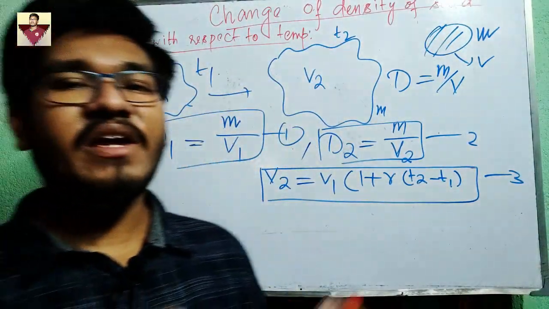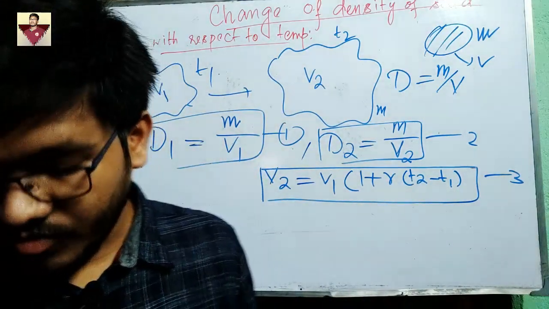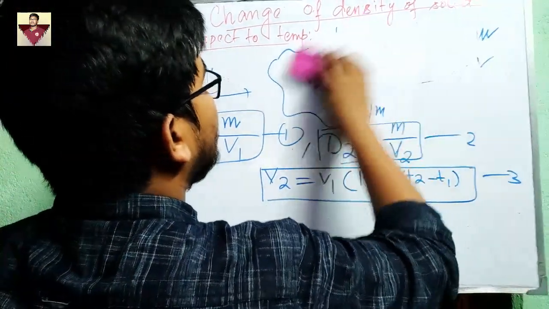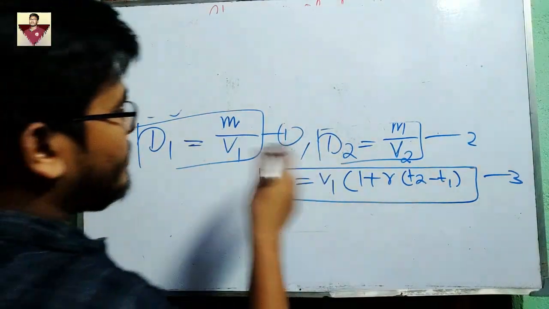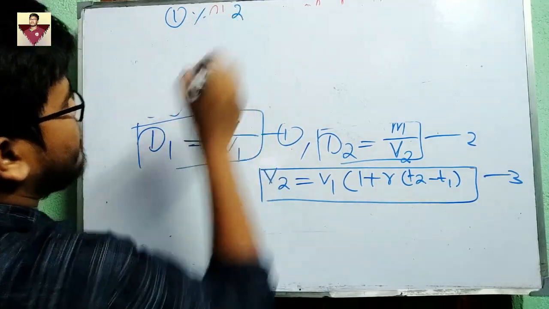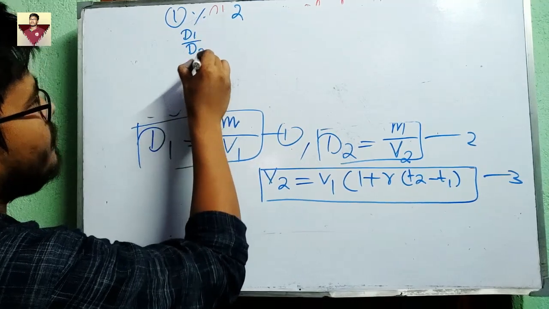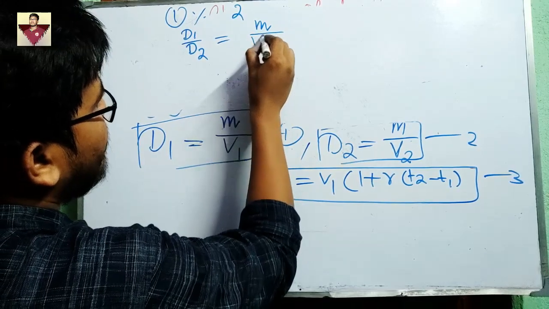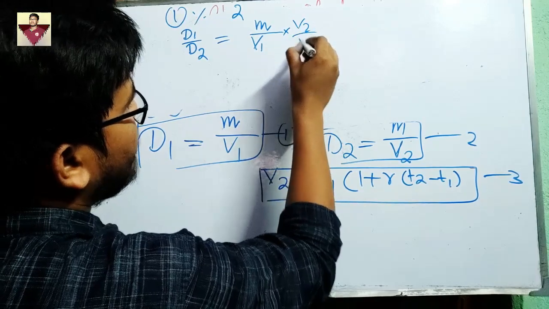Now I am going to derive the relation between d1 and d2. So how will I do that? Let's remove the remaining part. You have those equations. If you divide equation 1 by equation 2, then the left hand side will be d1 by d2, and the right hand side will be m by V1 times V2 by m.